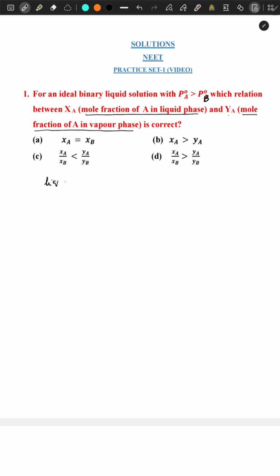In the liquid phase, for the component A, you can write the equation Pa is equal to P0A chi A. For the same component A in the vapor phase, you can write the equation like this: Pa is equal to P total into Ya. Ya is the mole fraction of component A in the vapor phase.